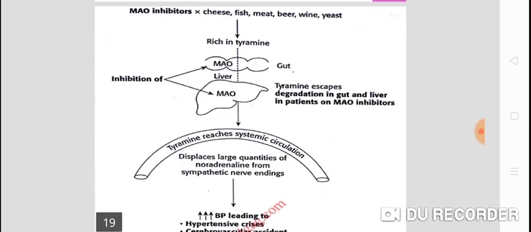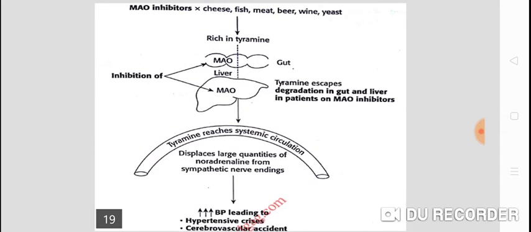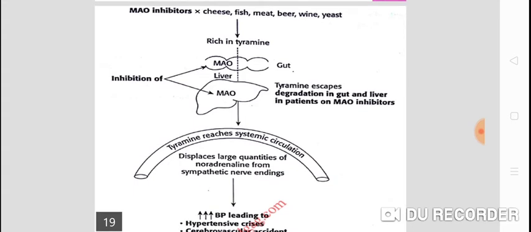Now here you can better understand. In a patient of depression who is on a monoamine oxidase inhibitor, if he or she consumes a large amount of tyramine containing food like cheese, fish, meat, beer, wine, yeast, they are rich in tyramine. So that tyramine will escape degradation. Usually tyramine is degraded by monoamine oxidase, but if the patient is on a monoamine oxidase inhibitor, tyramine escapes degradation in the liver and gut.